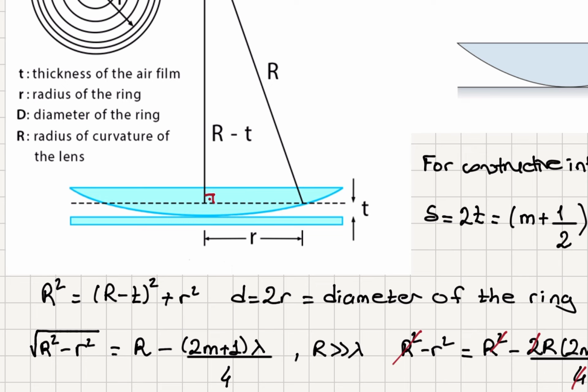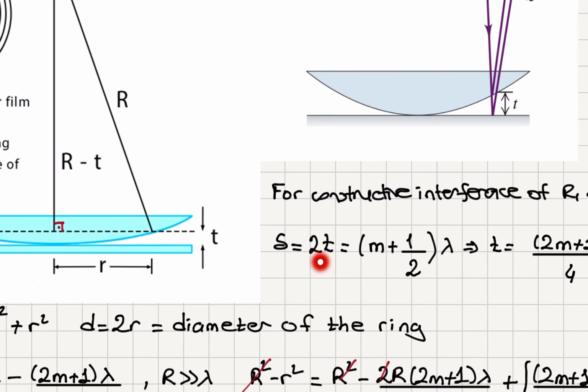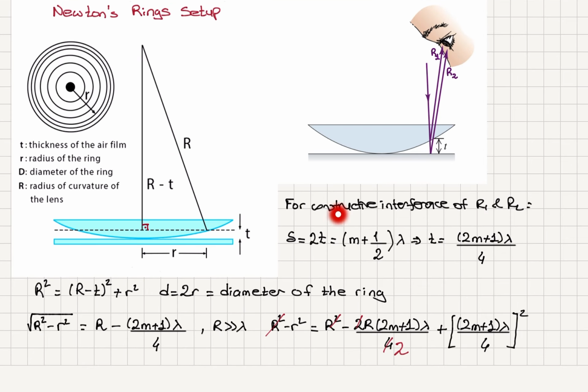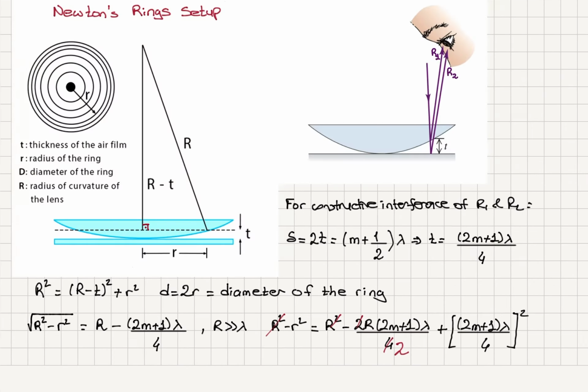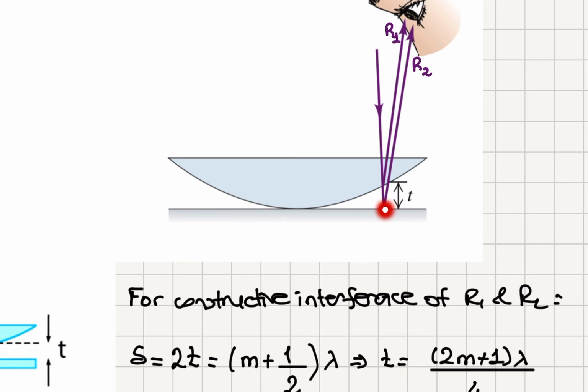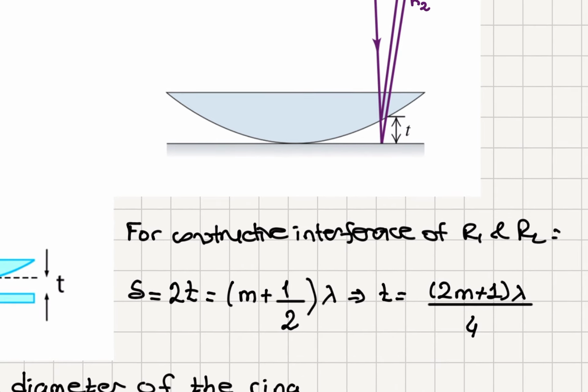And that path difference between ray 1 and ray 2, 2t, should be equal to (m plus 1/2) lambda for constructive interference. Why? Because there is a phase shift that is occurring for ray 2 during the reflection from the air glass interface. Which interface is that? That's this interface. Okay, so 2t is (m plus 1/2) lambda, where m is an integer.